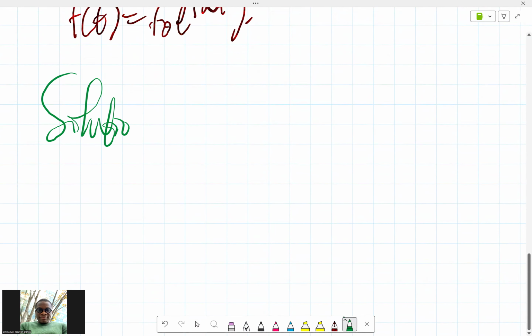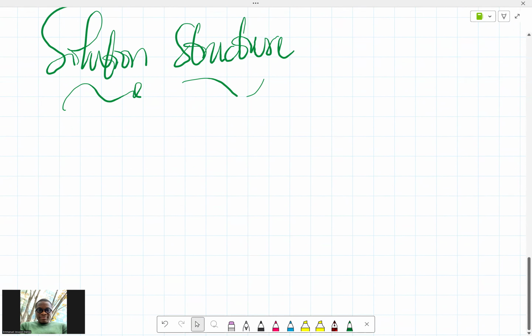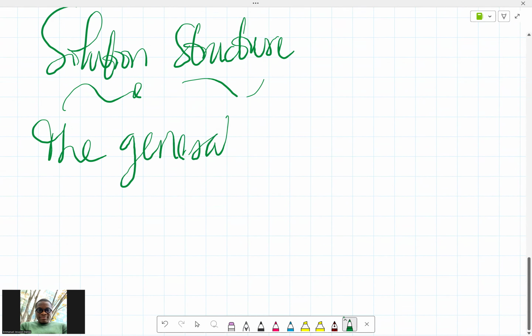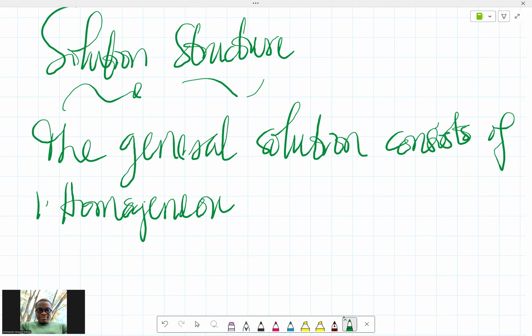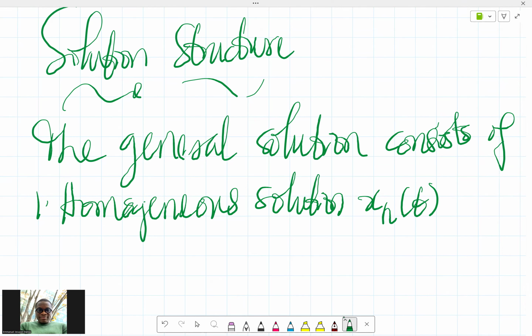It's just like the normal non-homogeneous systems we've been talking about. The general solution consists of, one, the homogeneous solution, which we can call xh of t.